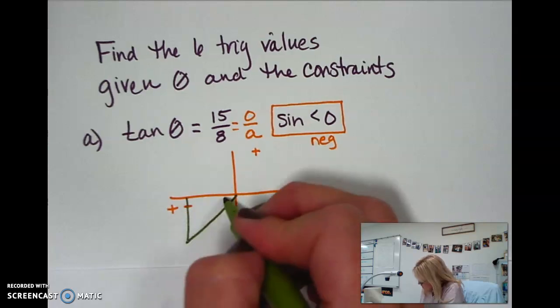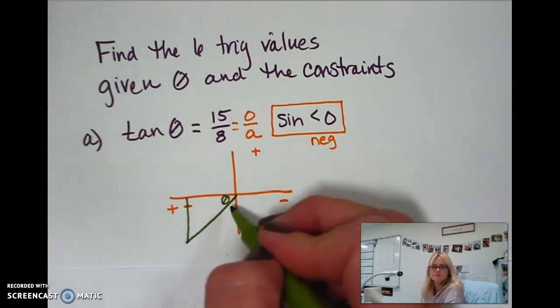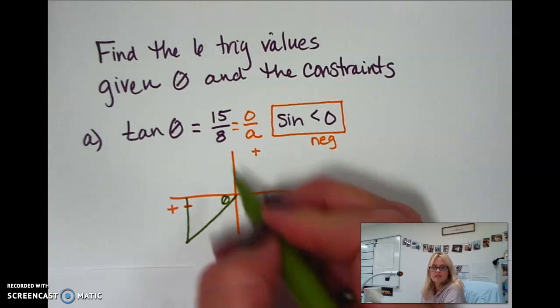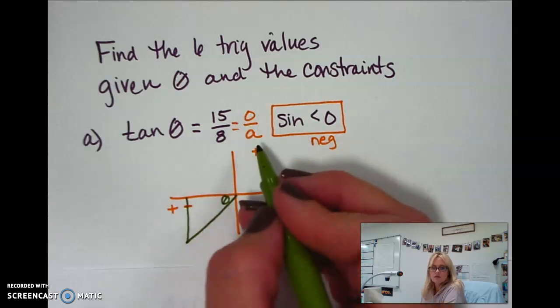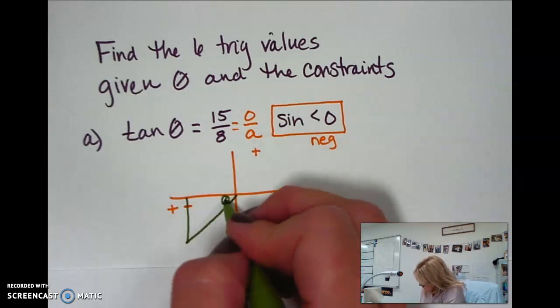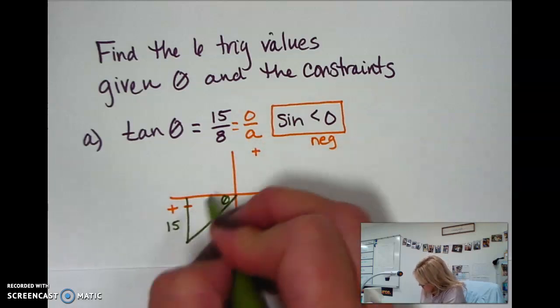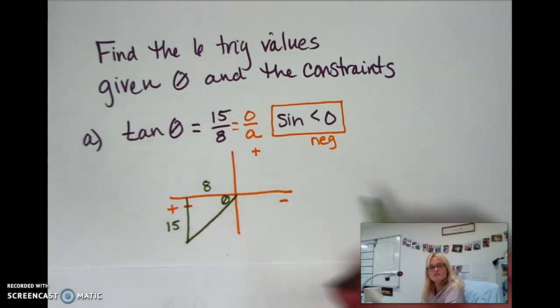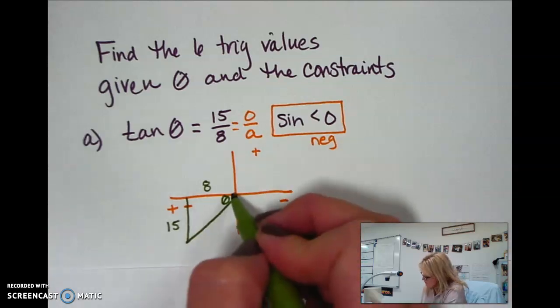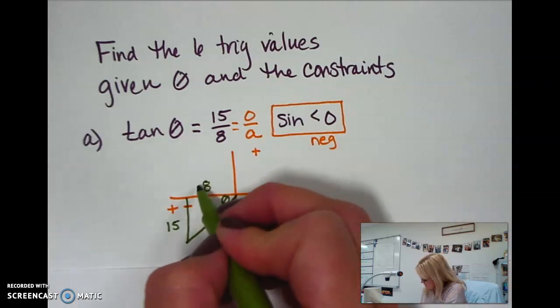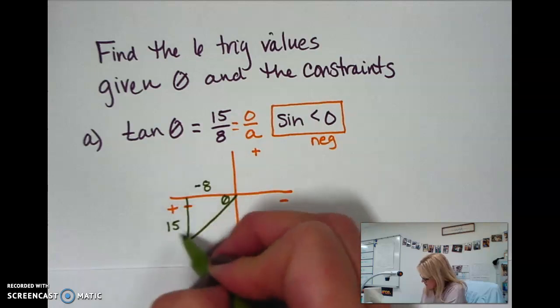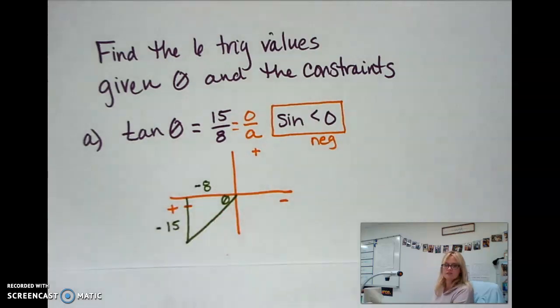Theta always comes out of the origin. Tangent is opposite over adjacent, so opposite is 15, adjacent is 8. However, what do you know about the values going to the left? They're negative, and the values going down are negative.